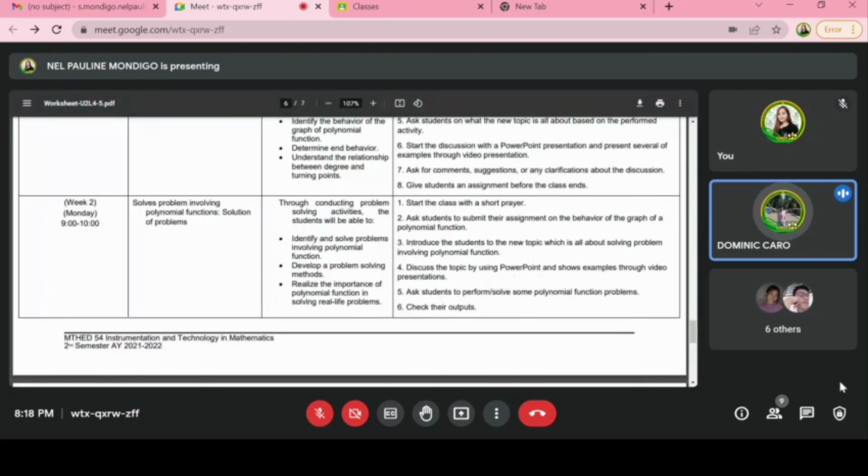Fourth is discuss the topic by the use of PowerPoint and show examples through video presentation. Fifth is ask students to solve some polynomial function problems. And last is check their output.